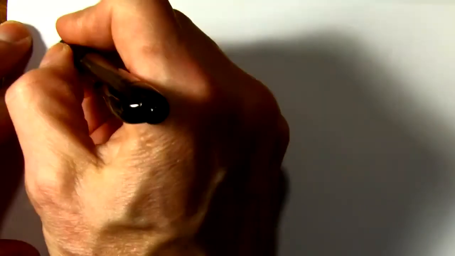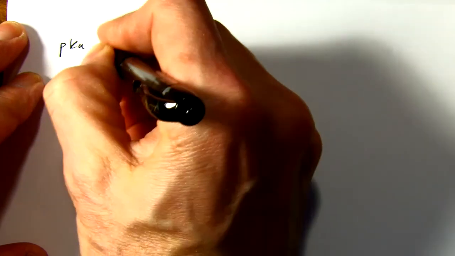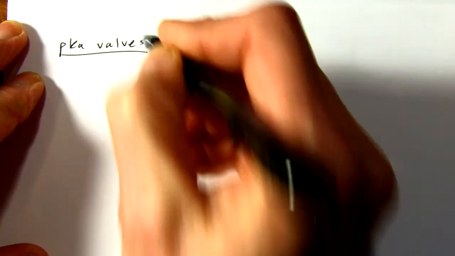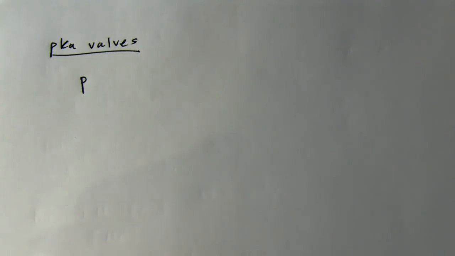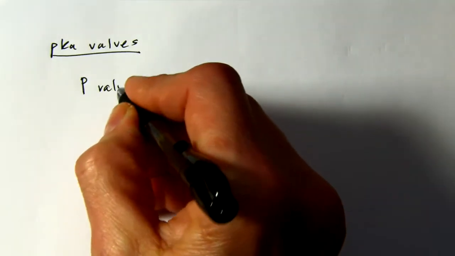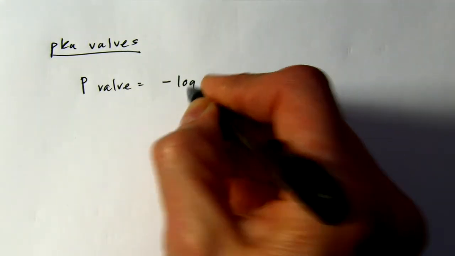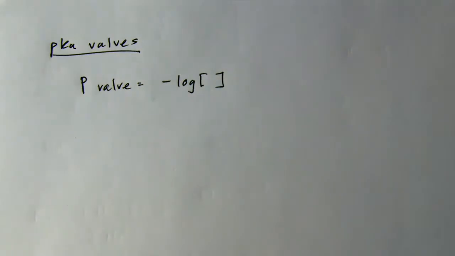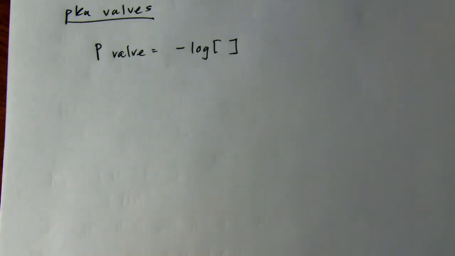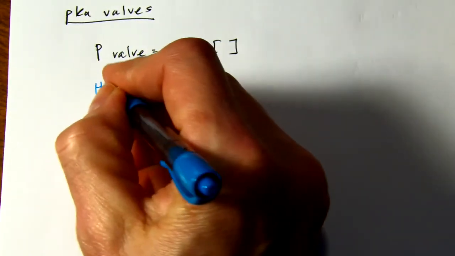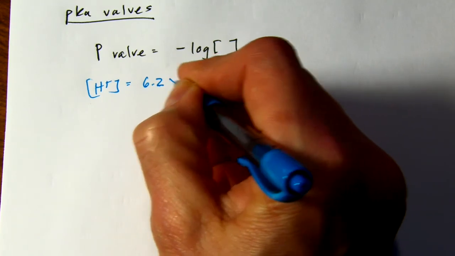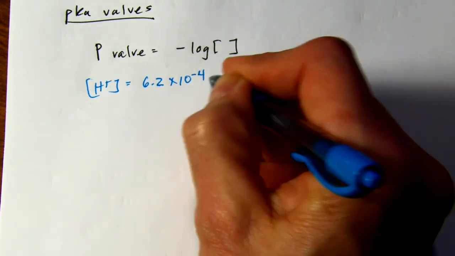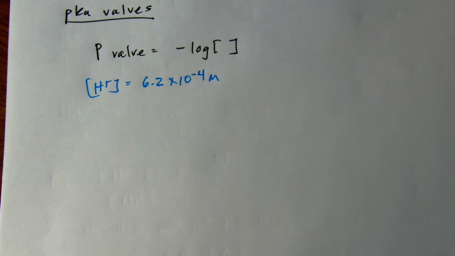We should talk about the pKa value. And the way we're going to do that is remind you that when you take a p-value, you're taking the negative log of something. And not necessarily concentration, but in chemistry it always is. Okay, the p-value. And if we said we had a hydrogen ion concentration of something like 6.2 times 10 to the negative 4 molar, we know that that's acidic.